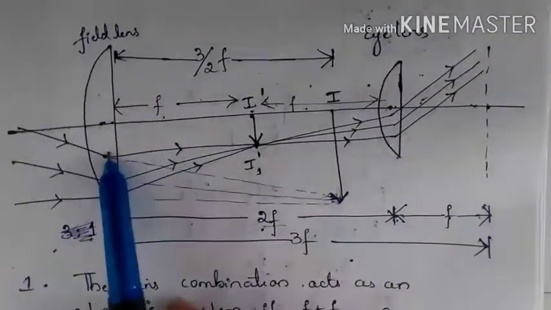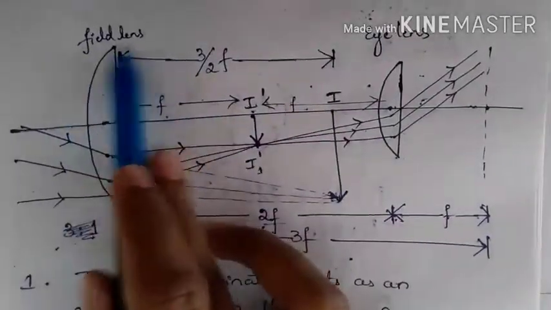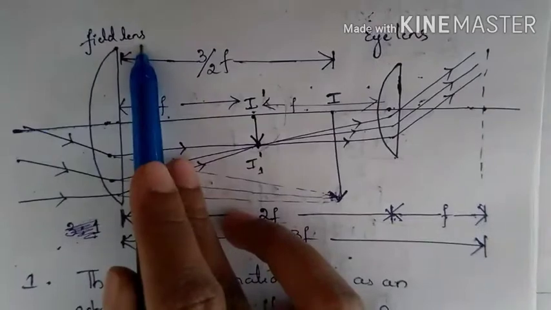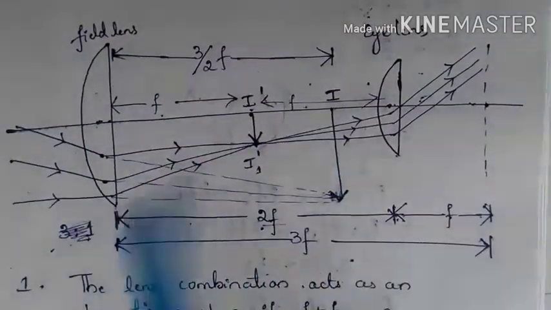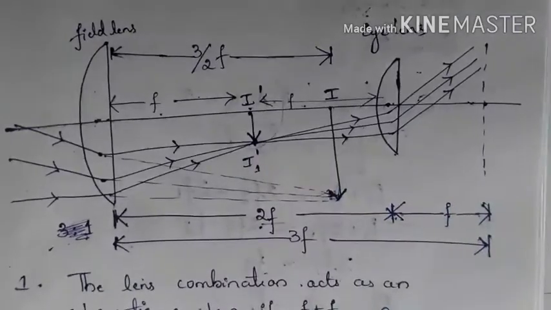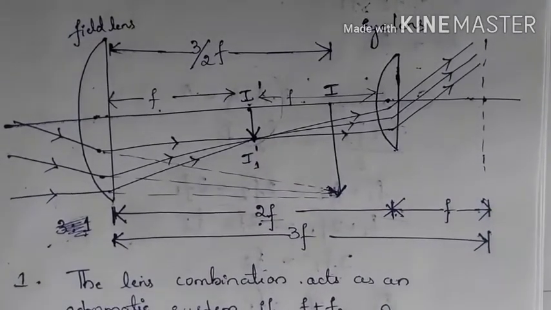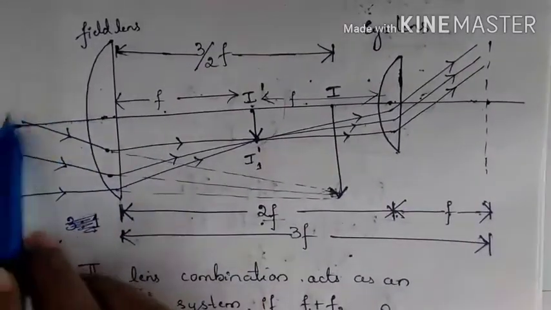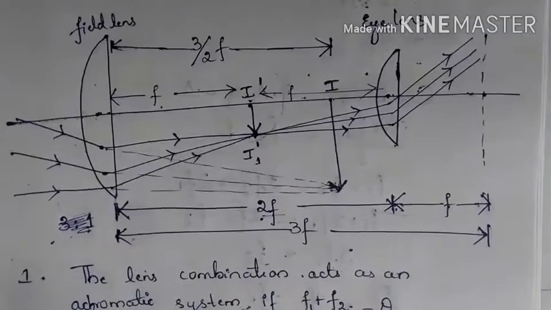objective lens is formed behind the field lens. So if you observe, this is the field lens and the image of the objective lens is found behind the field lens, and in the Ramsden's eyepiece that was in front of the field lens, so that eyepiece is called positive eyepiece.